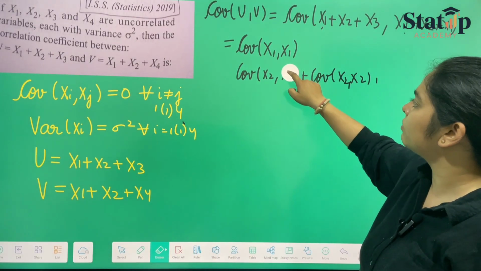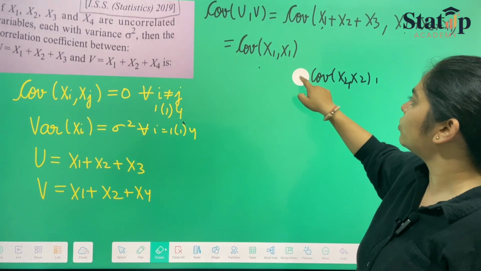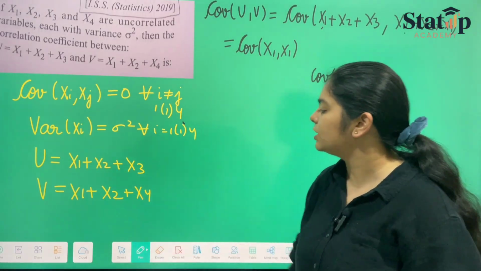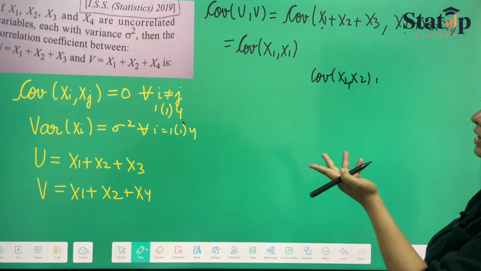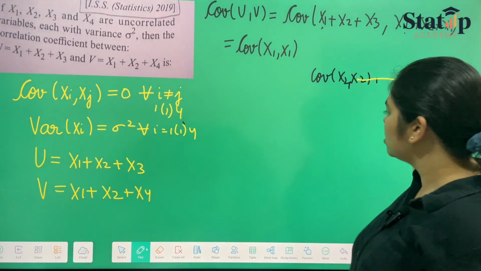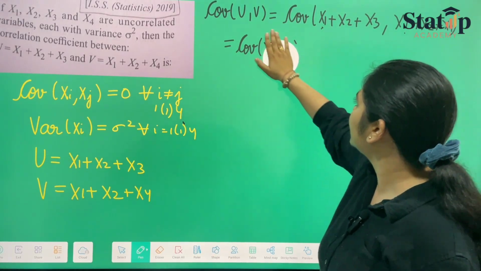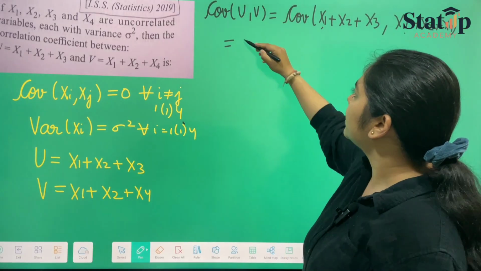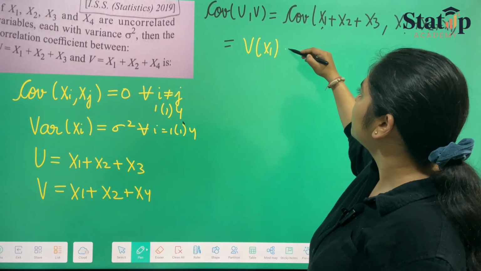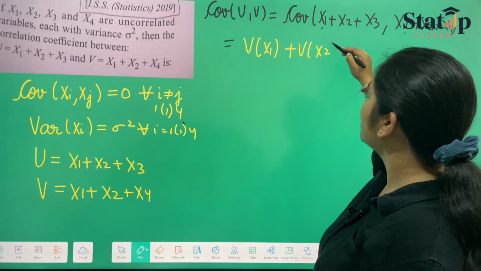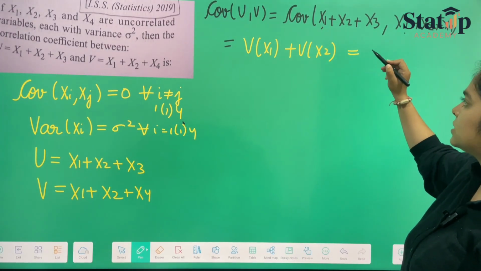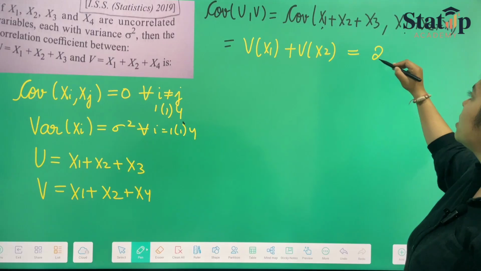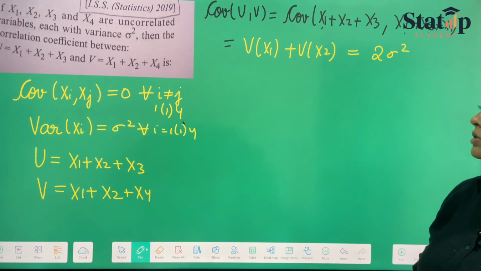And this is 2 and 1 not equal, 0. So we are only left with covariance between x1 x1 and covariance between x2 x2, which is nothing but variance of x1 and variance of x2. So we can write it as variance of x1 plus variance of x2. And we know that for all xi the variance is the same, it is sigma square plus sigma square, which can be written as 2 sigma square.